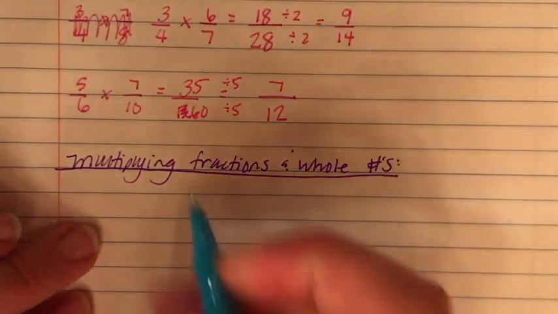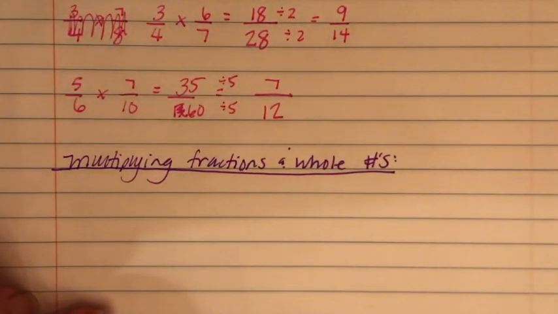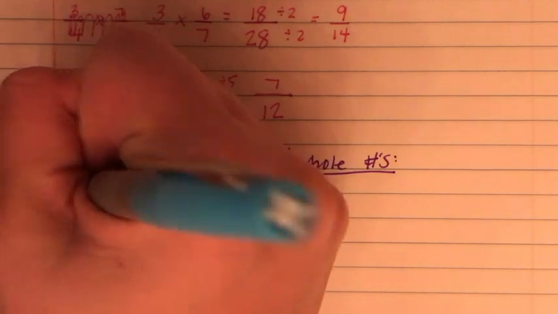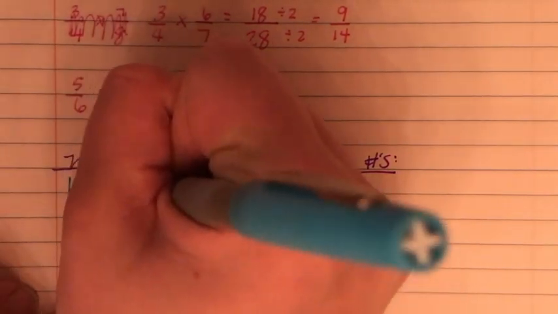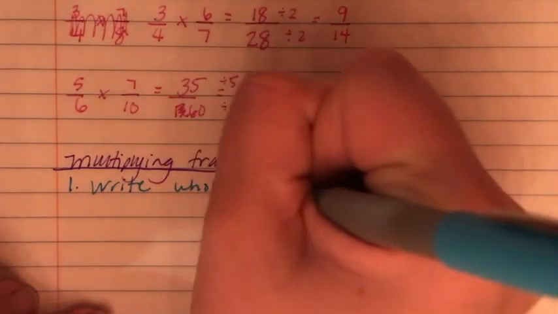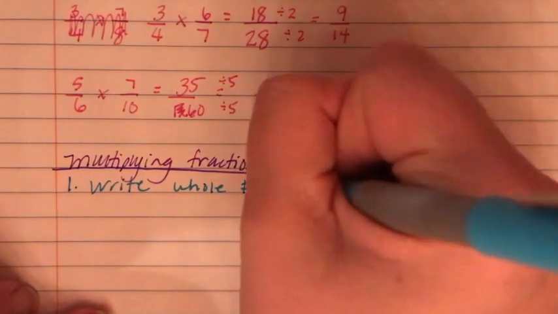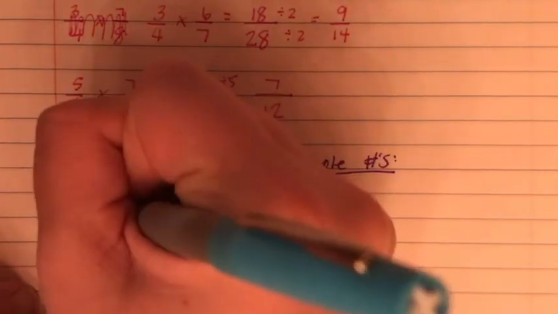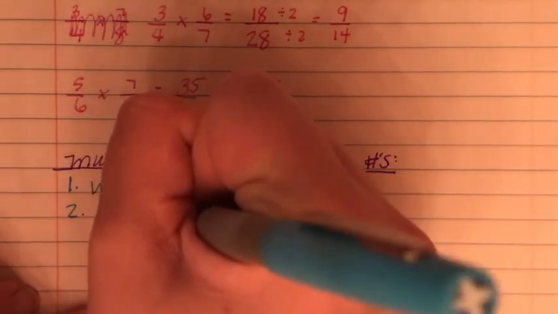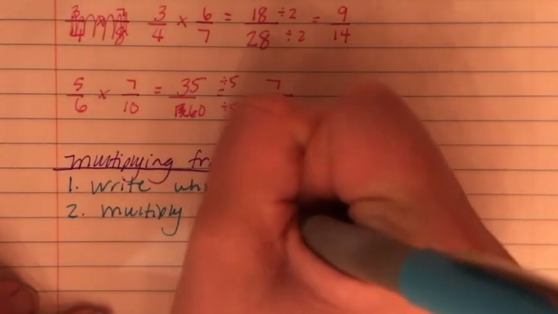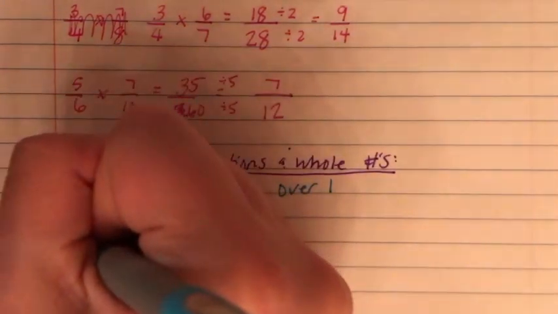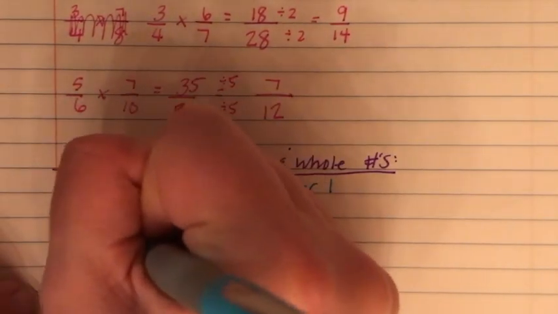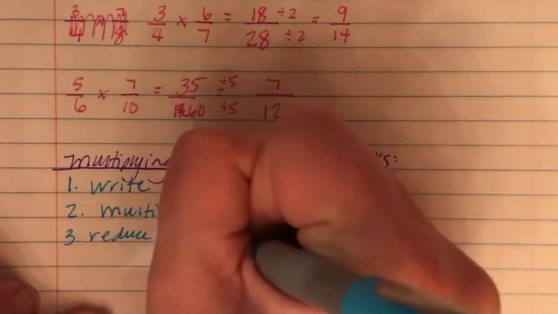Okay, so step 1 is going to be to write whole number over 1. Step 2, multiply across. And step 3 is going to be to reduce or rewrite.